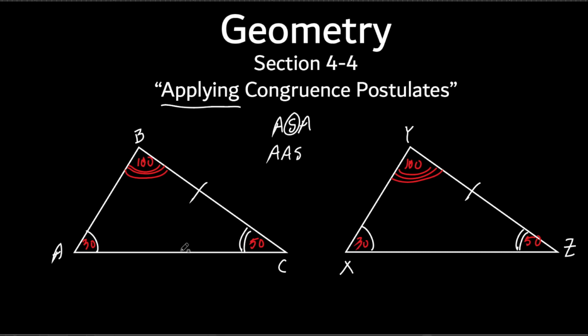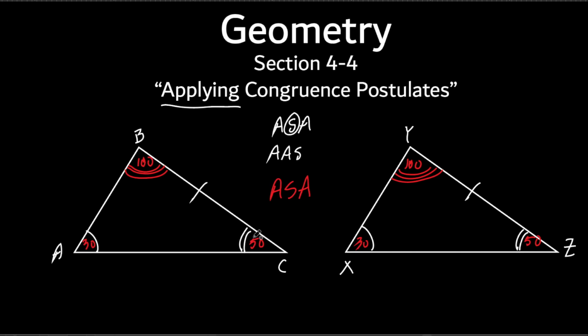So now, what's another way? Since I got all three angles equal to all three angles, I could also say that these two triangles are congruent because of, look, that, and that now. Do you see that? So what's another way that I could say those triangles are congruent? Angle what? Side angle. That's right.